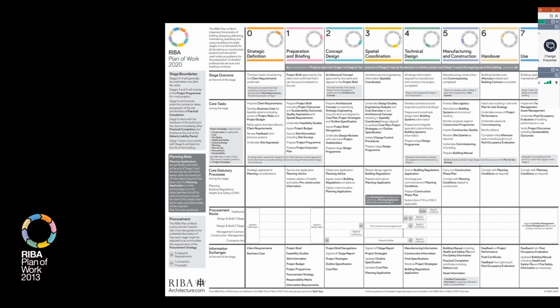And we've got the task bar about information exchanges. I know the UK has been a bit of a leader when it comes to standardizing BIM processes like information management through the project. How does the plan of work information exchange process align to the PAS 1192 or the ISO 19650 series of standards? Well, we spent a lot of time in 2013 working with the UK BIM task group and aligning the stages to the PAS documentation.